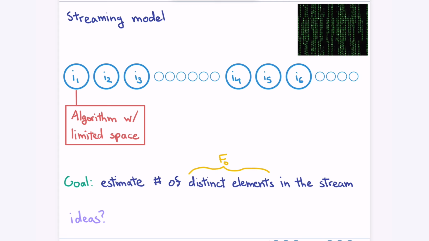The what? The Good-Turing? No, you might know the name of something that I don't know. Okay, well, did anyone recognize it? What did you think the name was?